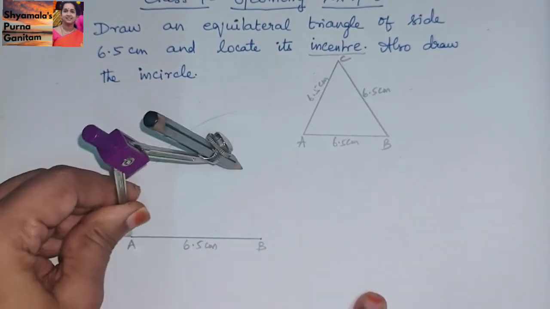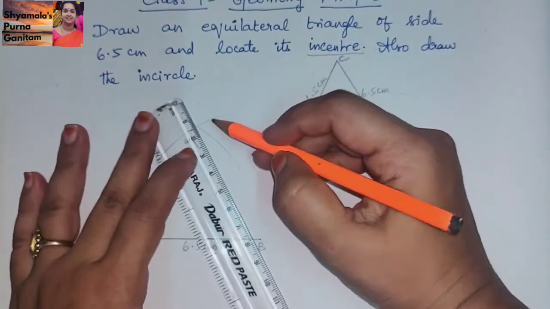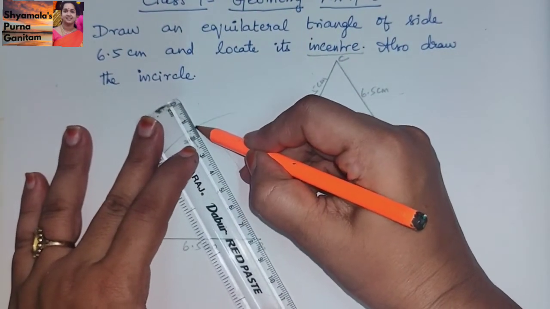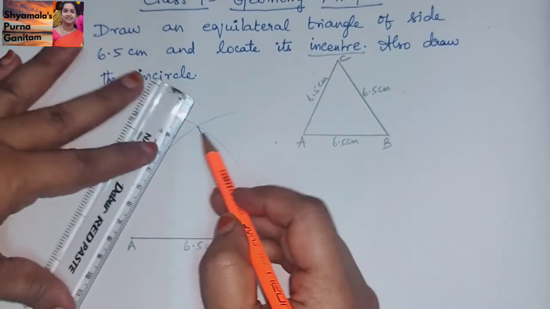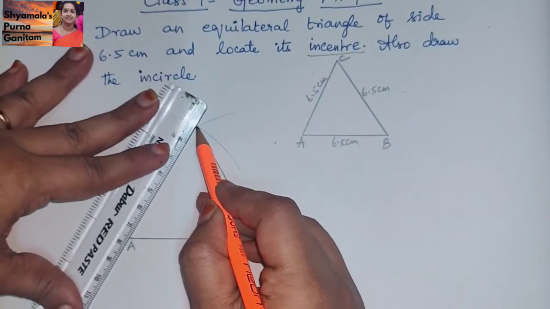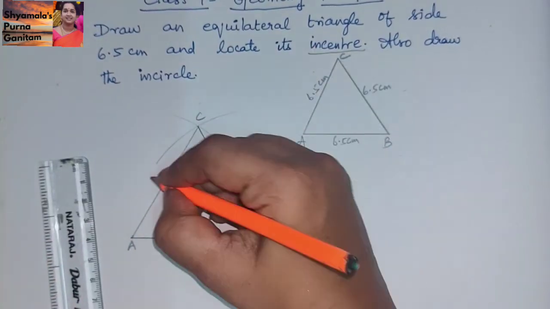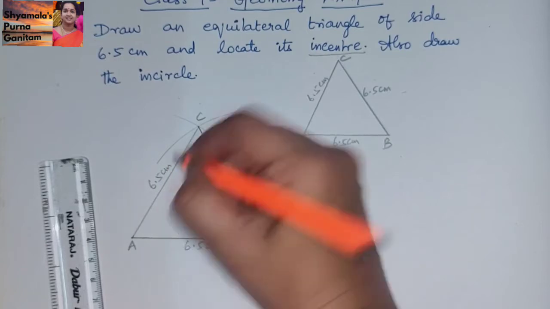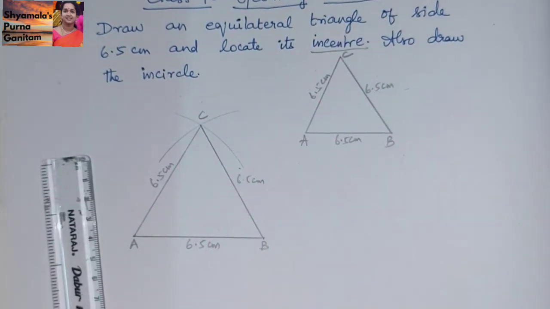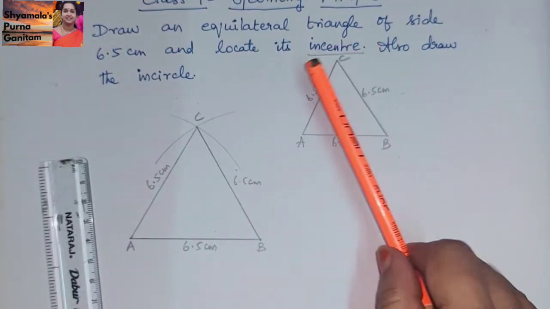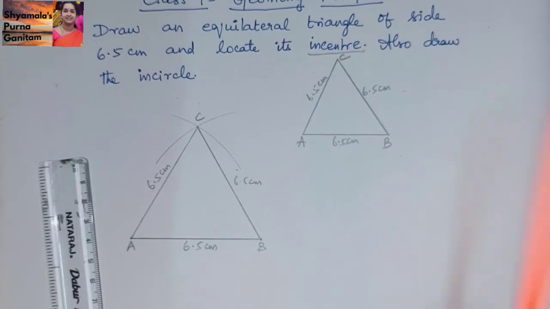Then with A as center, since it is the same measurement, whatever arc I have drawn, in the previous arc I will cut this another 6.5 also. So I got a triangle, an equilateral triangle with 6.5 centimeter as the sides. Then we are asked to locate its incenter.